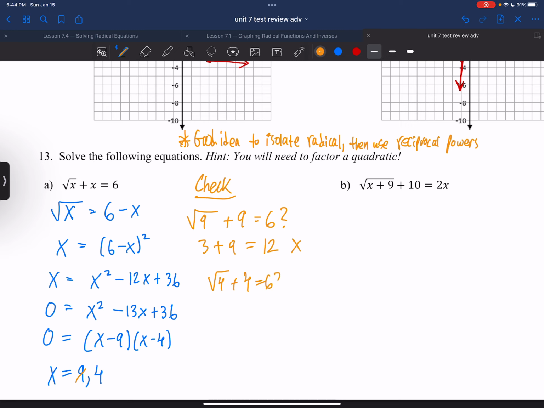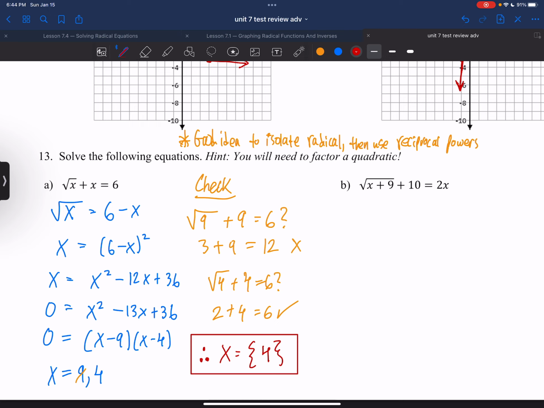Does that equal 6? Well, that's 2 plus 4, which is 6. Yes. Therefore, x equals, and I'll use a set here, 4. I don't think I did that earlier, but that's okay. Therefore, x equals 4.